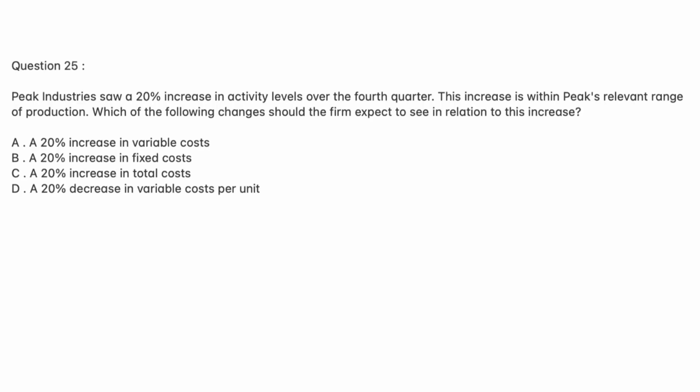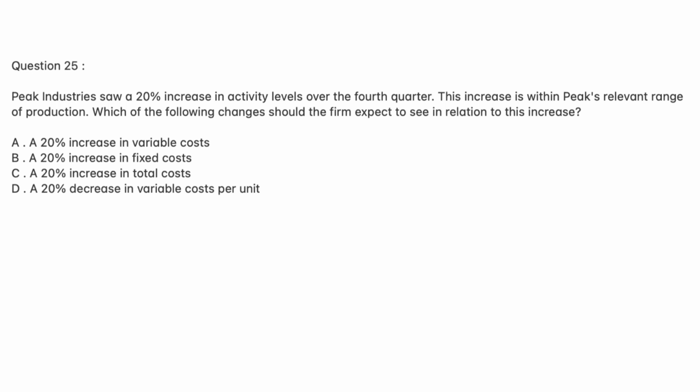Question 25. Peak Industries saw a 20% increase in activity levels over the fourth quarter. This increase is within Peak's relevant range of production. Which of the following changes should the firm expect to see in relation to this increase? A. A 20% increase in variable costs. B. A 20% increase in fixed costs.